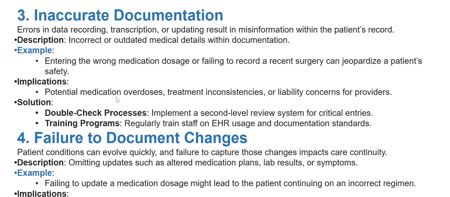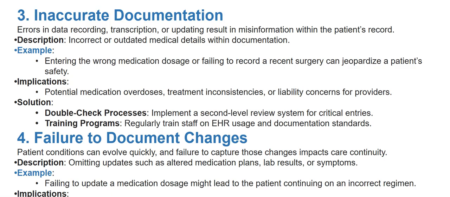Implications here: potential medication overdoses, treatment inconsistencies, or liability concerns for providers. Solution: double-check processes. Implement a second-level review system for critical entries. Training programs: regularly train staff on EHR usage and documentation standards.